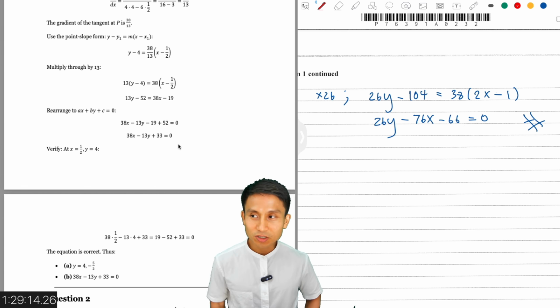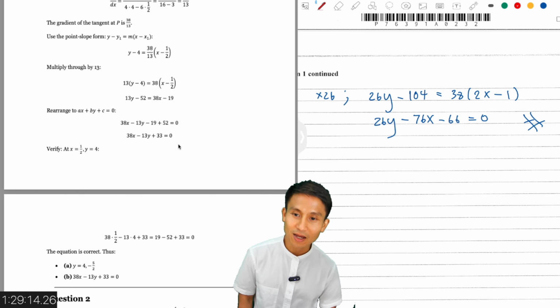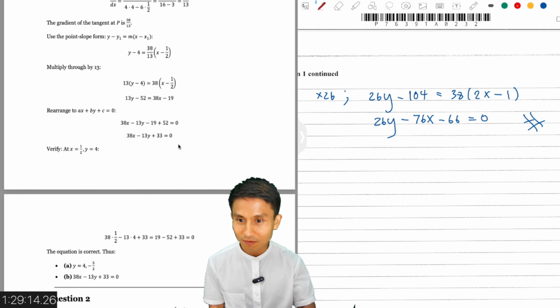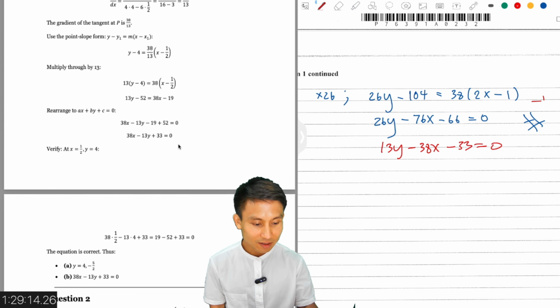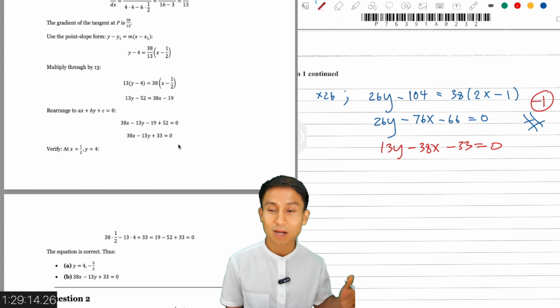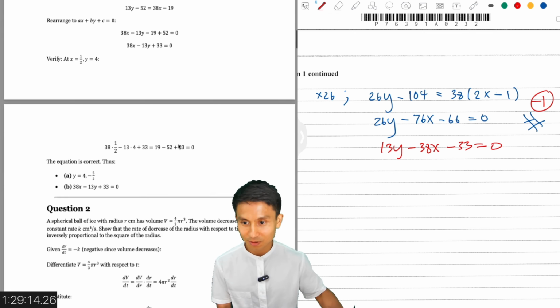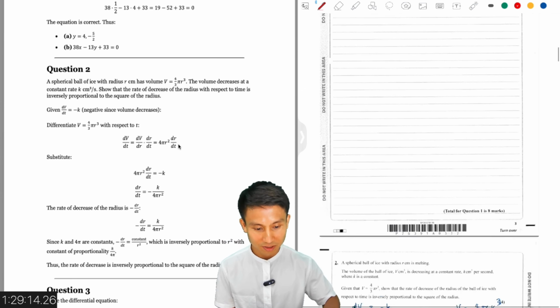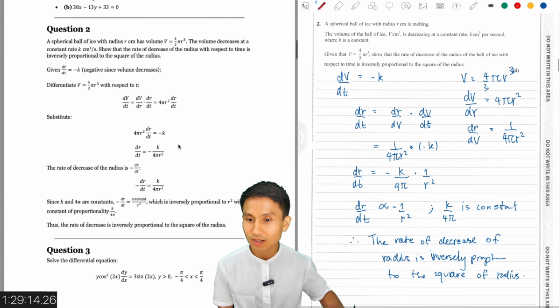I mean, the question doesn't say fully simplified, but I would say, to be harsh to myself, I'm going to minus 1, because when I simplify that, I get 13y minus 38x minus 33 equals 0. So yeah, I'm going to minus 1 here, just to be harsh, because there is no official mark scheme yet. They might or might not allow it, but I'm not allowing myself here. All right, guys, so minus 1 there.